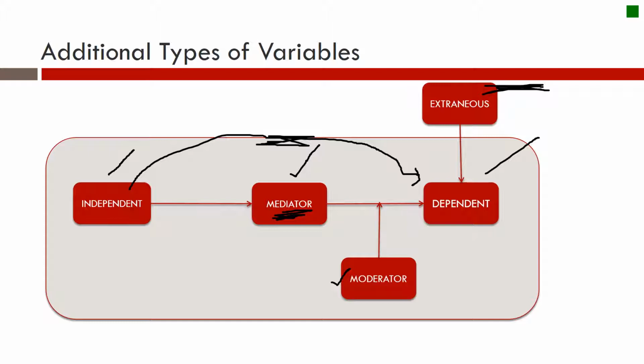Extraneous variables are variables that explain some variance in the dependent variable, but we don't necessarily have data for, or we can't control for it maybe. Maybe it's something that we didn't think about when we built our model. You want to be aware of extraneous variables if you can.